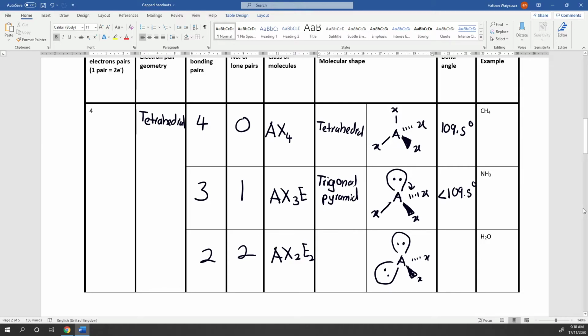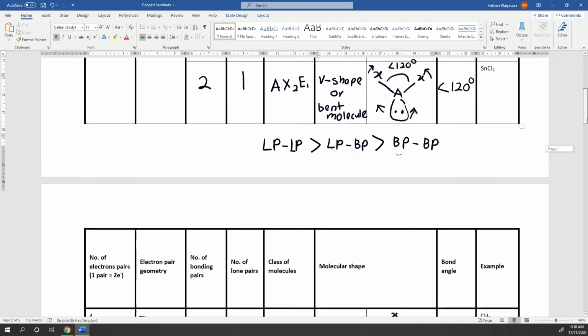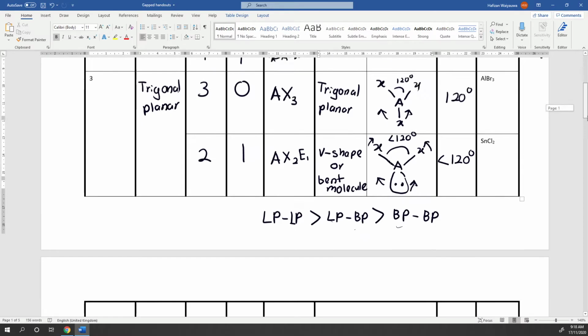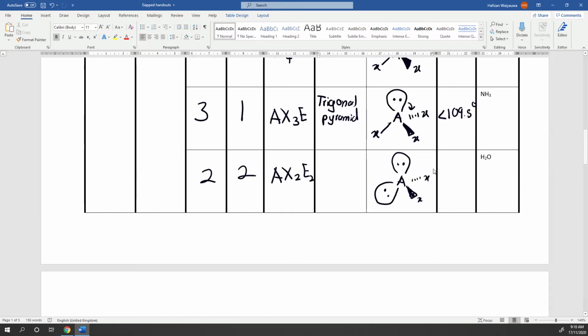Actually this bentuk is the same as V shape. Ni still bentuk V. Kalau you guys tengok betul-betul, nampak tak dia bentuk macam V? Bawah tu. Okay, the name is still the same. It's either V shape or bent molecule.